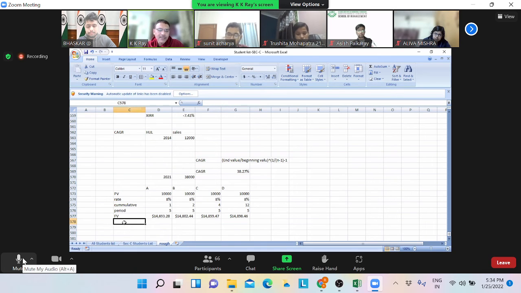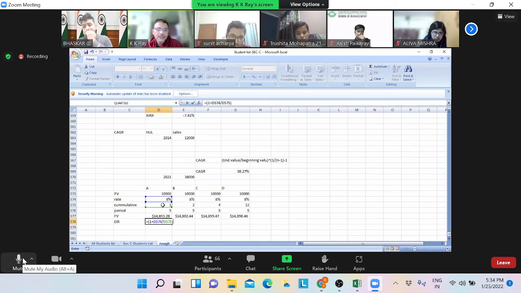Can anybody tell me how much is the effective interest rate in all cases? This will be 1 plus this one divided by the cumulative, to the power cumulative, minus 1.